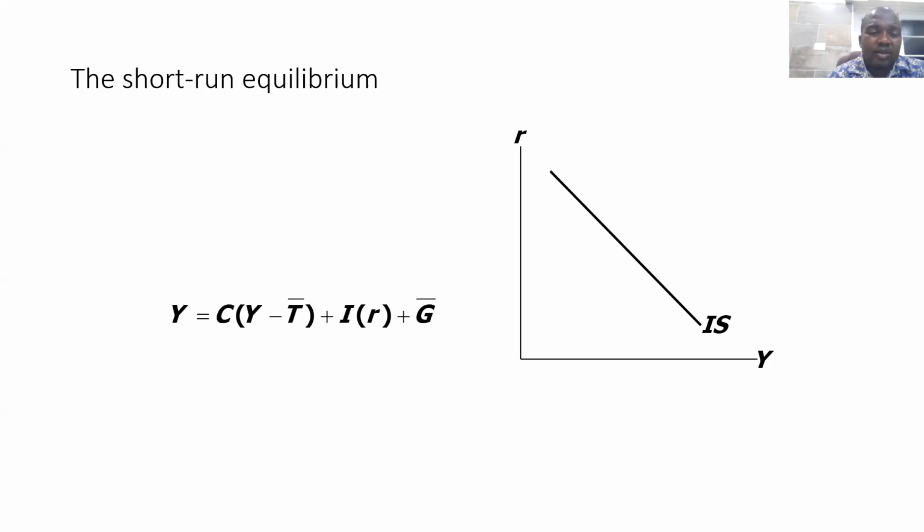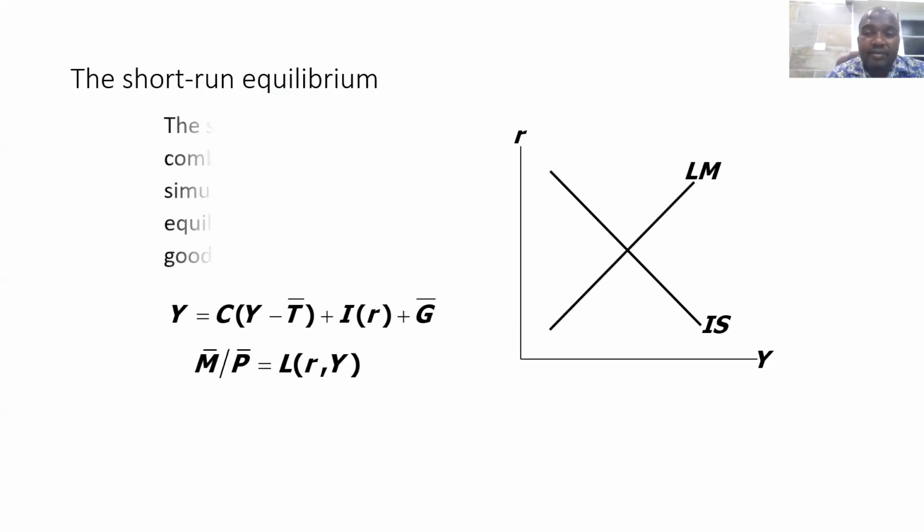So in the short run, we know that Y is equal to C of Y minus capital T, plus I, which is determined by the interest rate, plus G, which is strictly exogenous. And this yields a downward sloping IS curve. Real money supply is equal to liquidity preference, which is a function of the interest rate and national income.